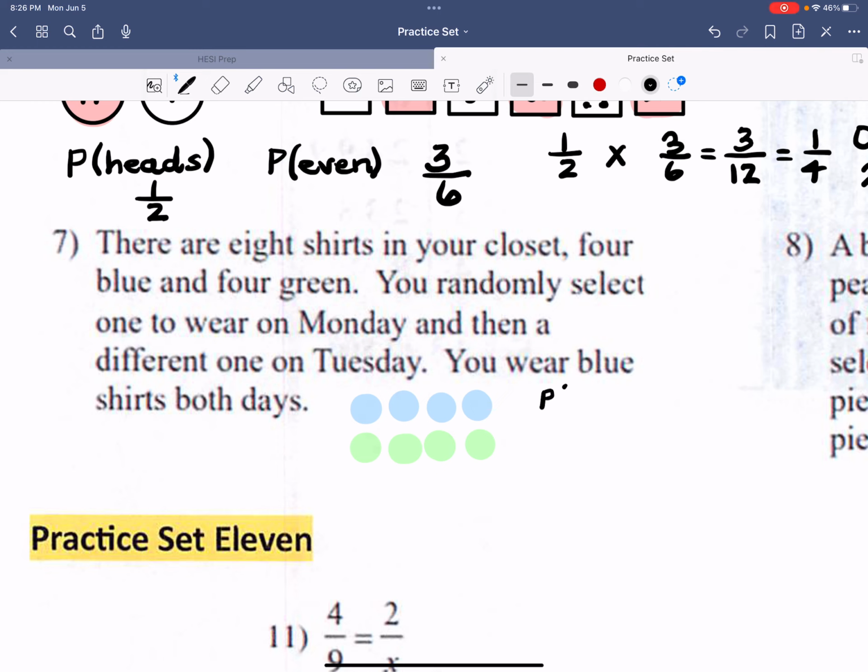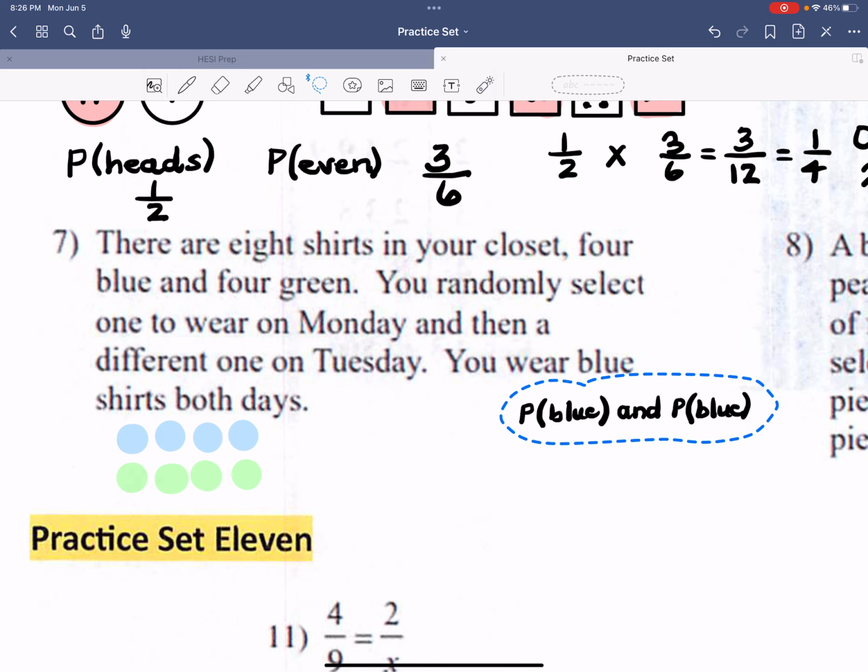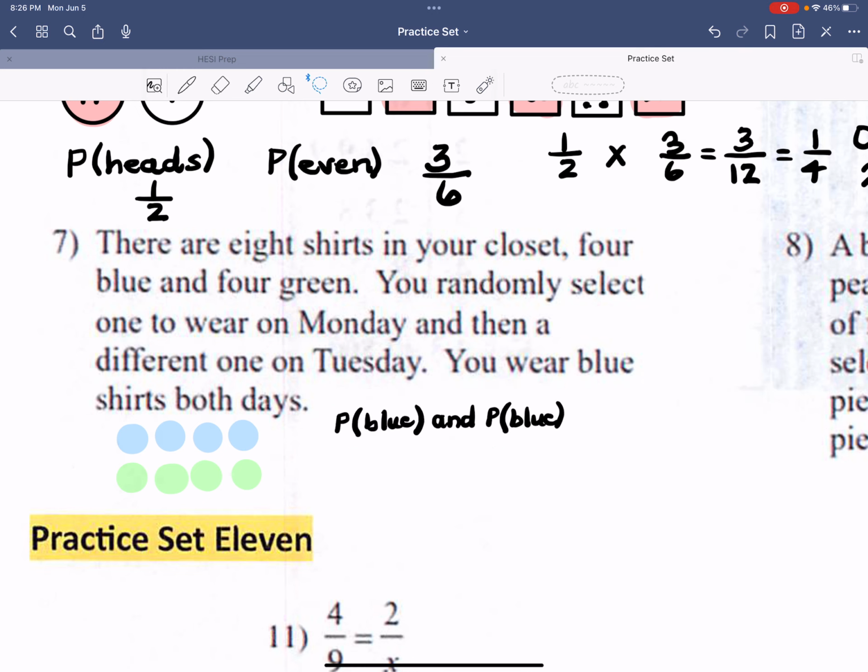So you want to get a probability of a blue one on Monday, and then the probability of a blue one the next day. If you just close your eyes and pick one. And let me move this because I need space here. Let's pull the shirts over here and the problem right up here. All right. So on the first day, when no shirts are dirty, there are 8 of them in the closet. And how many of them are blue? 4.